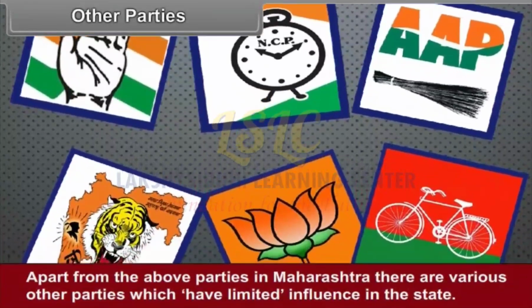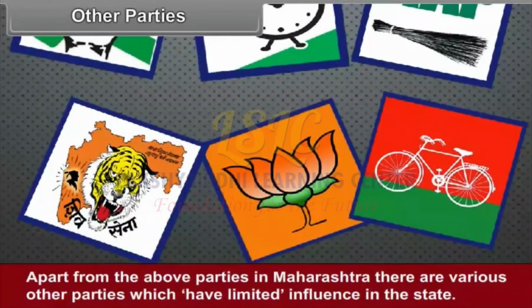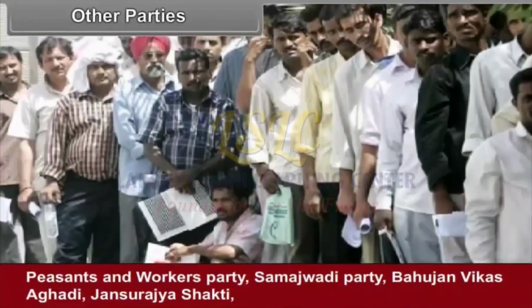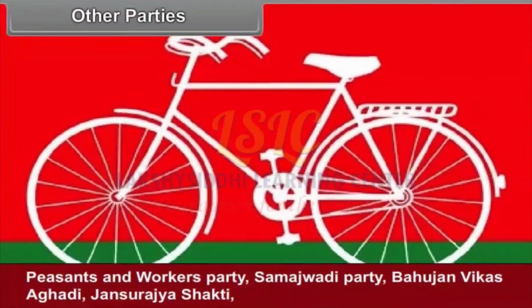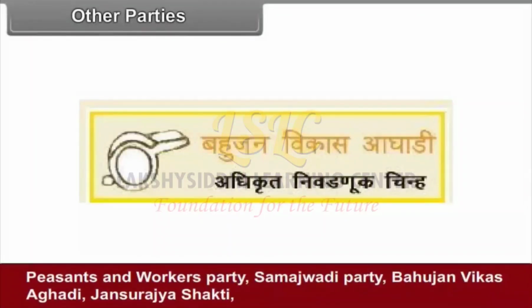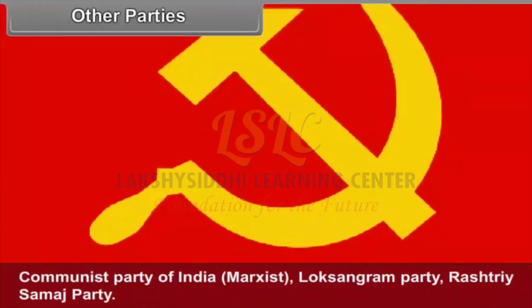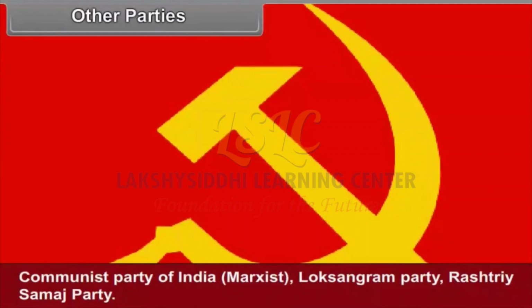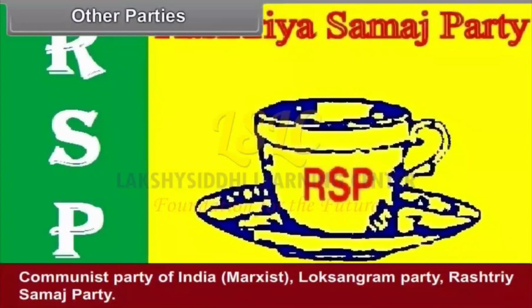Apart from the above parties in Maharashtra, there are various other parties which have limited influence in the state. Peasants and Workers' Party, Samajwadi Party, Bahujan Vikas Aghadi, Jan Surajya Shakti, Communist Party of India, that is the Marxist, Loka Sangram Party, Rashtriya Samaj Party.